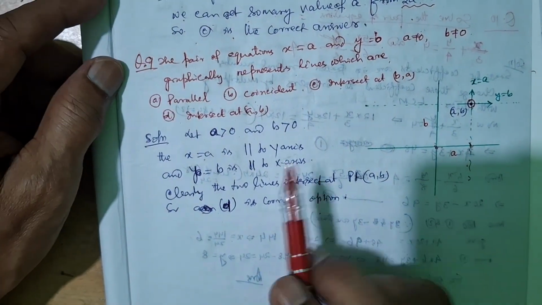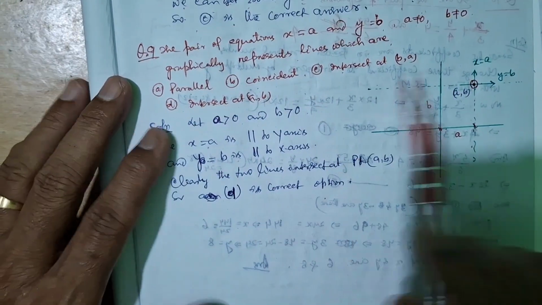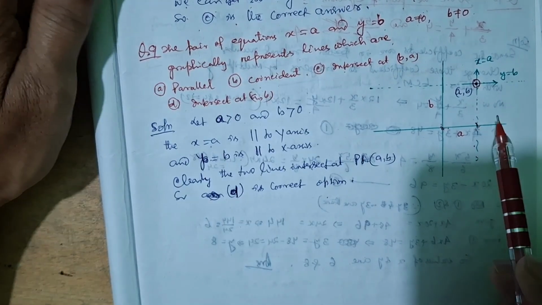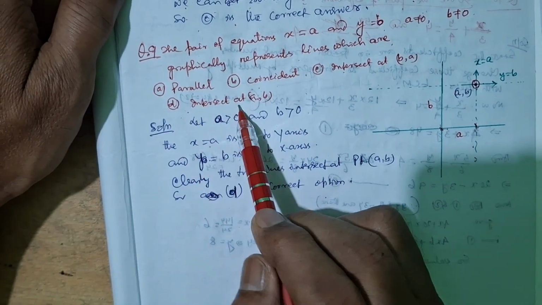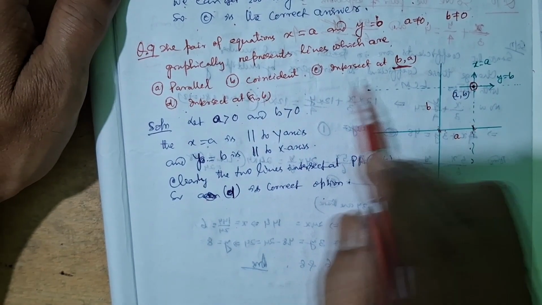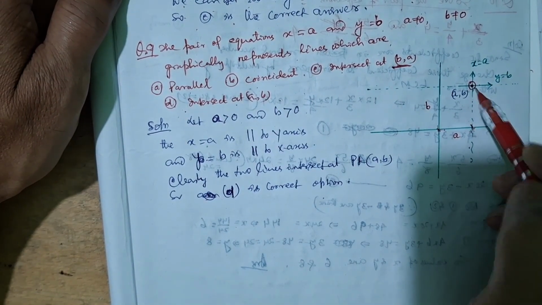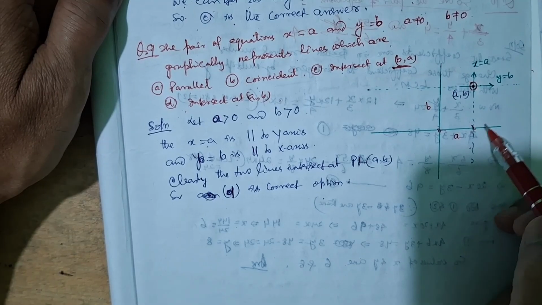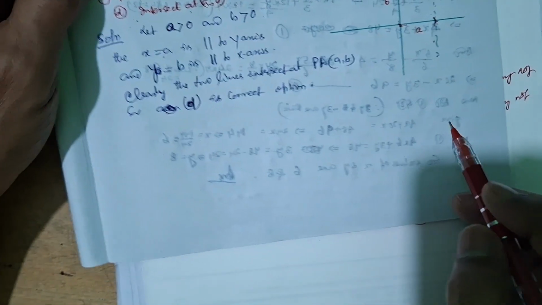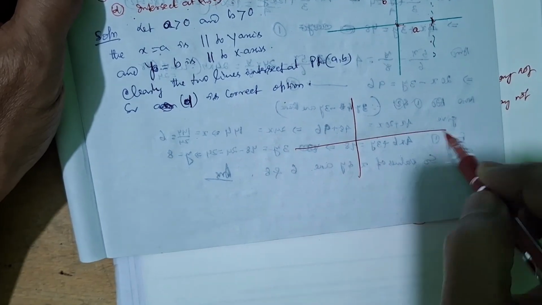Okay. Parallel, no. Coincident, no. Intersected at b and a, or intersected at a and b. And in this aspect, you think that it is just b and a, but it is a and b, not b and a. If b and a, what will happen?